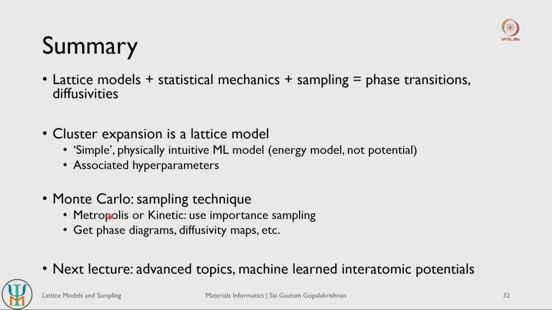You can use Metropolis to get phase diagrams, kinetic Monte Carlo to get diffusivity maps and so on. So we see how we can combine different lattice models and sampling techniques along with statistical mechanics to get phase behavior and diffusivities as well. These are very important thermodynamic and kinetic properties of a given material.